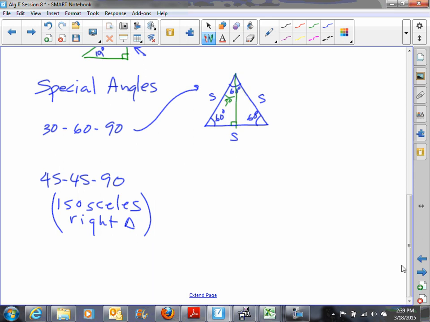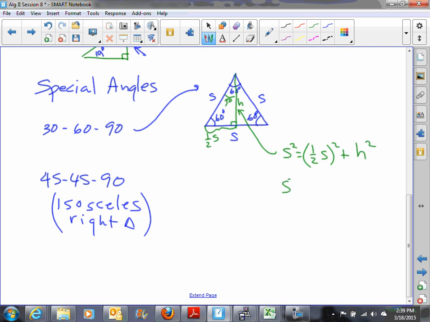Now further, we know that this length right here is half the length of the whole side, and then we could use the Pythagorean theorem in the right triangle. S squared would be equal to 1/2 S squared plus H squared, and we could solve for H.